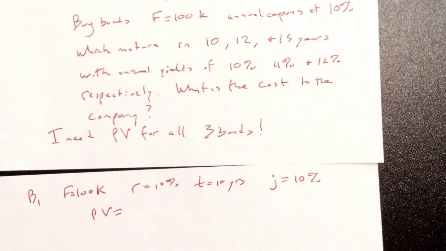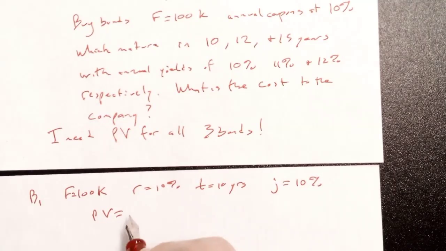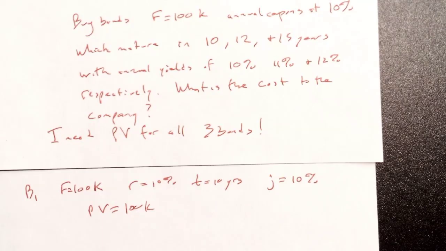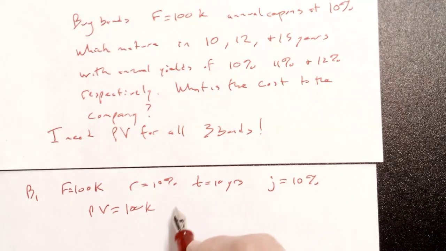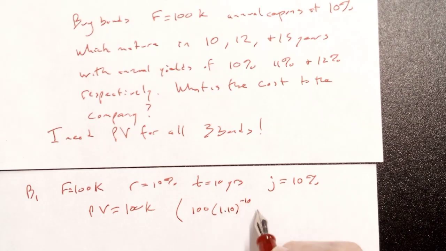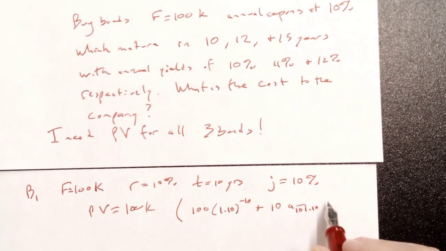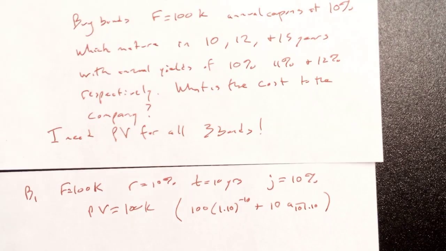Because it's at par, r is equal to j, we get 100,000. But you could compute it directly, right? 100 times 1.10 to the negative 10 plus 10 a-angle-10 at 10%. That's also going to give me 100,000.